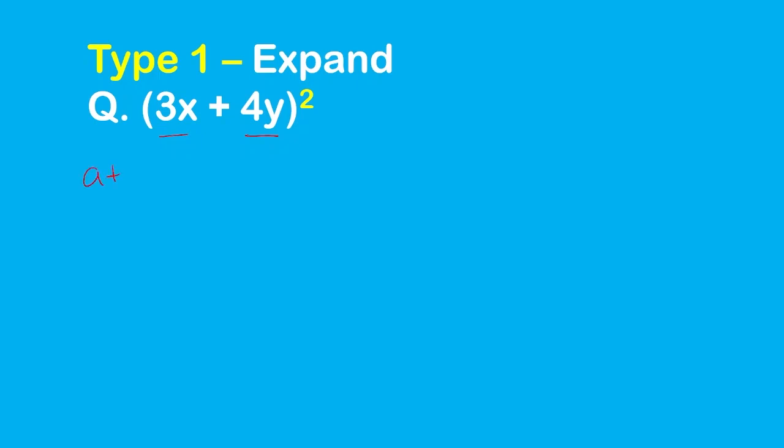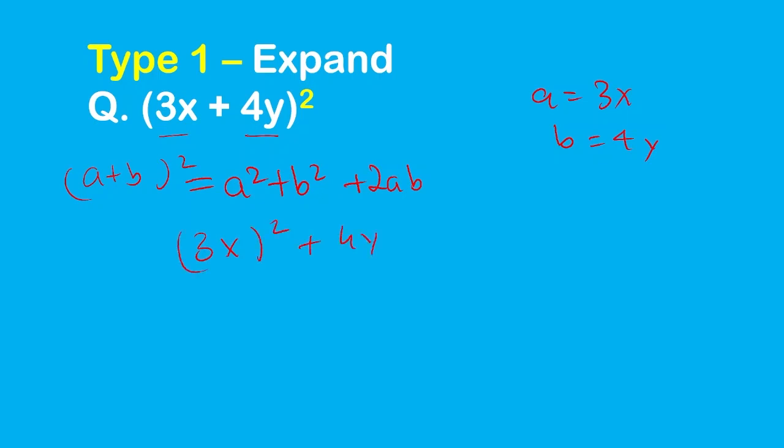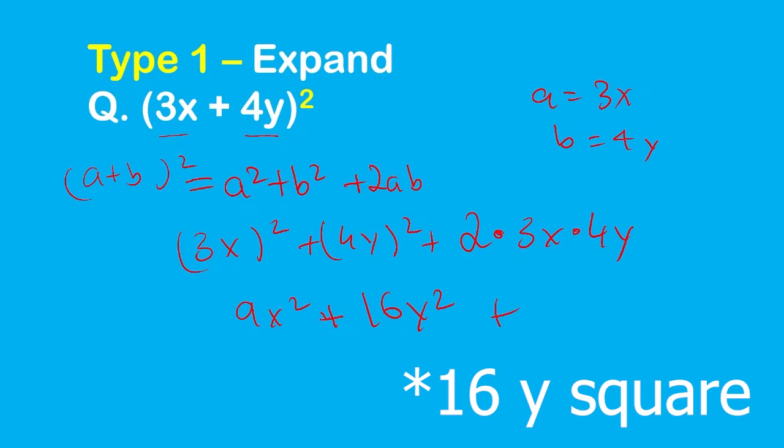So (a + b)² is equal to a² + b² + 2ab, and here putting the values of a and b, a we have 3x, b we have 4y, we will get (3x)² + (4y)² + 2 into 3x into 4y. Now (3x)² is 9x², same thing here, 16y², plus this will be 24xy.